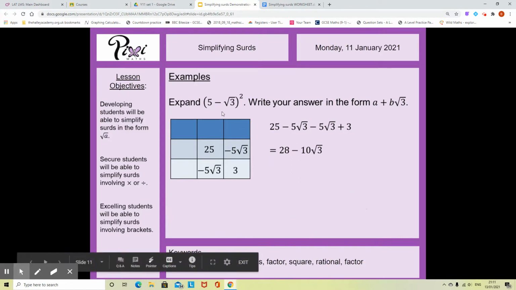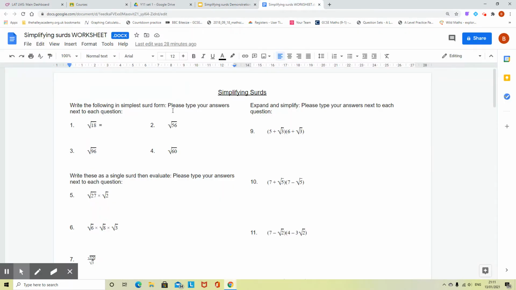Now I would like you to click on the attached worksheet and start completing each question by typing in the answers next to the question or providing the answers below. Remember, you need to provide all the working out to get the full marks.